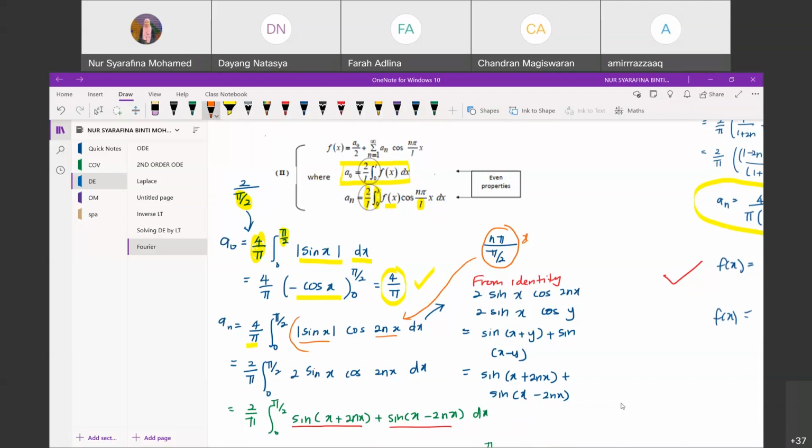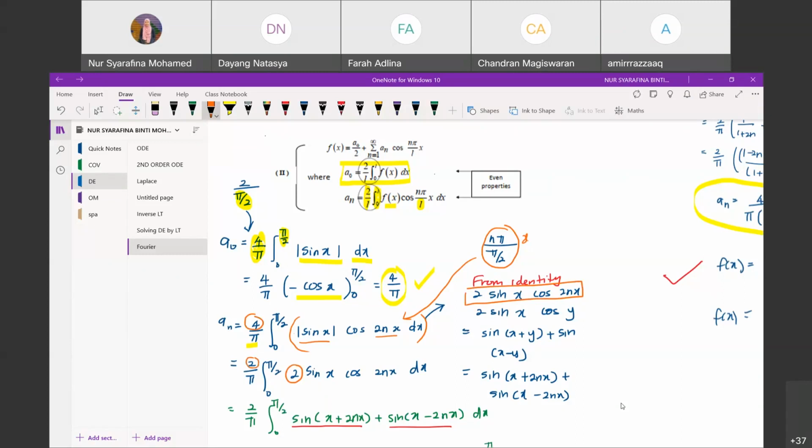Now from this, we can put 2 here in order to match with this identity. So instead of 4 here, now sin x cos 2nx is 2 sin x cos 2nx, where this 4 is factorized to 2 times 2.